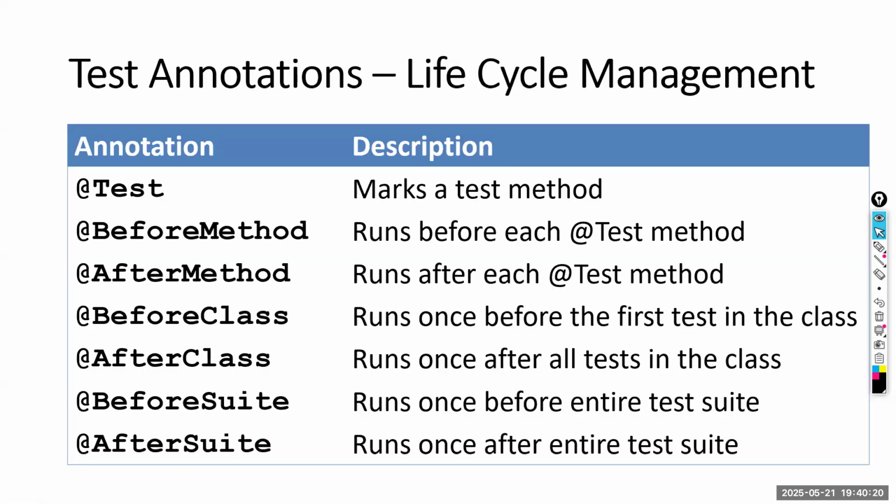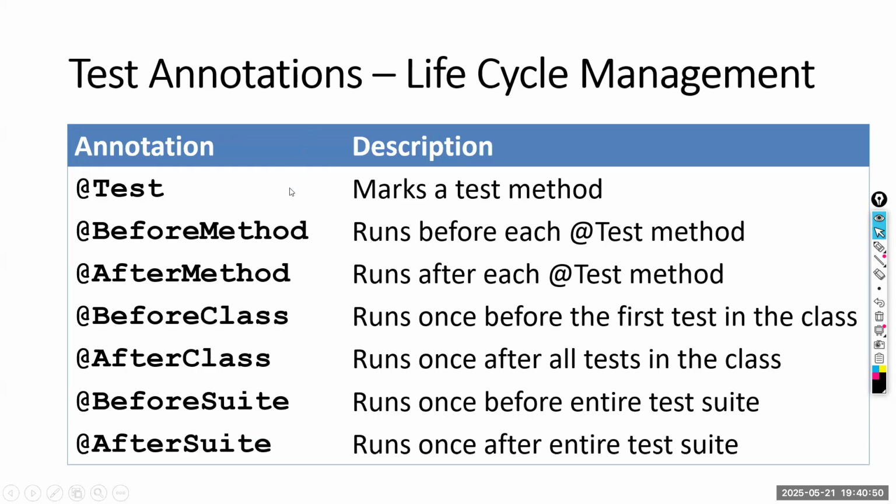Then there are life cycle methods, because sometimes when you run a test case, you want to get the database connectivity and so on. Maybe you want to prepare some test data. Maybe after running the method, you want to clean up those variables and so on. Maybe before starting the test, you need to do certain things. So there are life cycle methods available in TestNG.